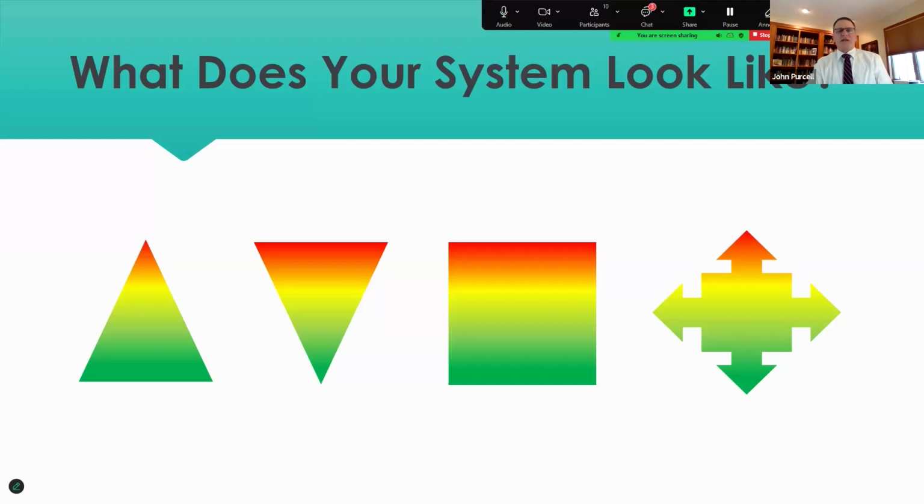So put in the chat. Let's go 1, 2, 3, 4 from left to right. 1, 2, 3, or 4. There is a 2, a couple of 2s so far. Some people don't want to admit.